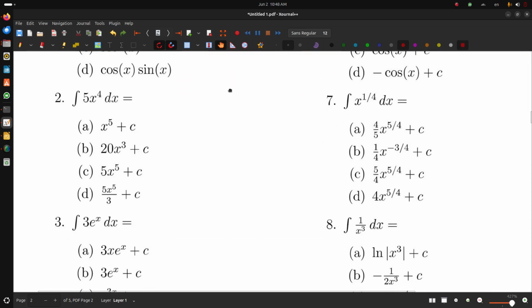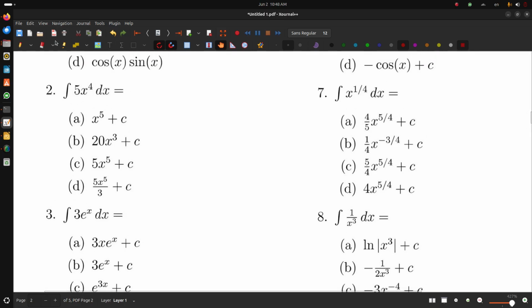Okay, second question, we need the integration of 5x power 4 dx. Okay, to get it, all you need to do is just use the inverse power rule. How will you do it? We have x to the fourth power. All you need to do is add 1, and you take the new power and divide by it.